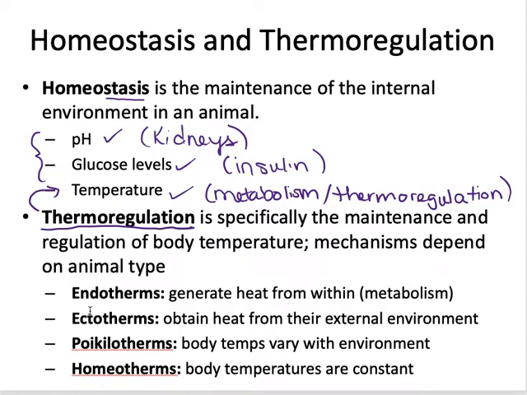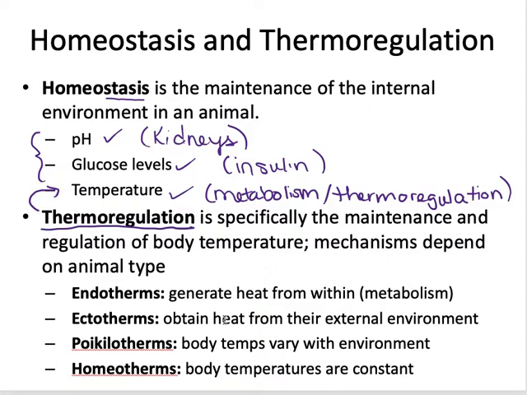So we're going to end with 4 definitions involving how animals thermoregulate, or classifying animals. We've already learned the difference between an endotherm and an ectotherm during Unit 4. So an endotherm is an animal that generates their heat from their own metabolism, which is colloquially called warm-blooded, because we can use our metabolism to regulate our heat.